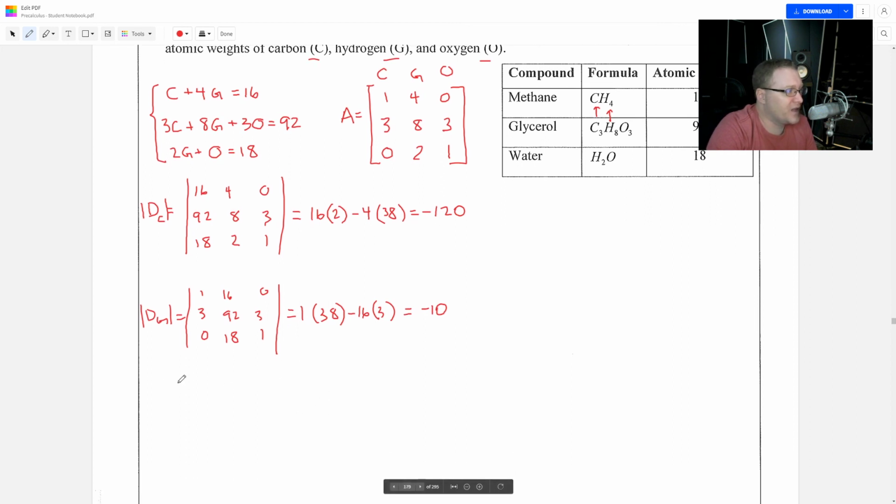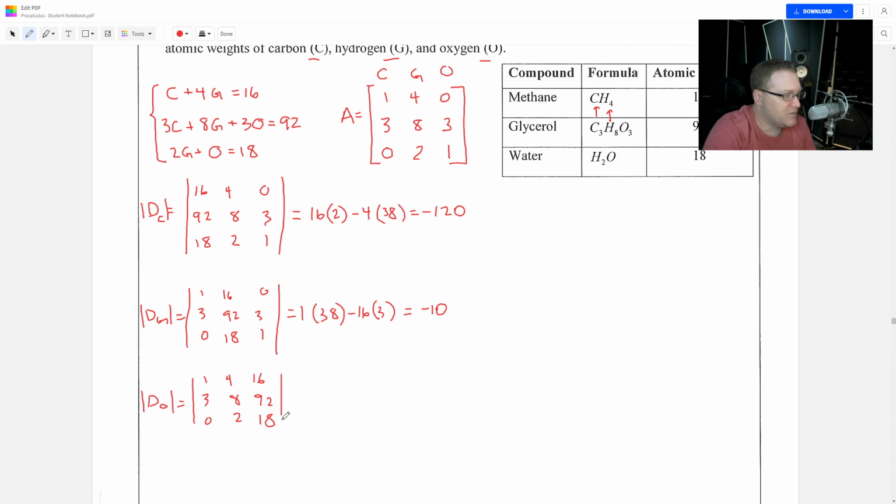And then, well, actually, we still haven't found the determinant of A yet, but the last one of these we need to find is the determinant of DO, the deoxygen, which is going to be, keep everything the same, 1, 3, 0, keep it the same as up here, 4, 8, 2, but then the last row, the oxygen row, we're going to replace with the solutions, 16, 92, 18.